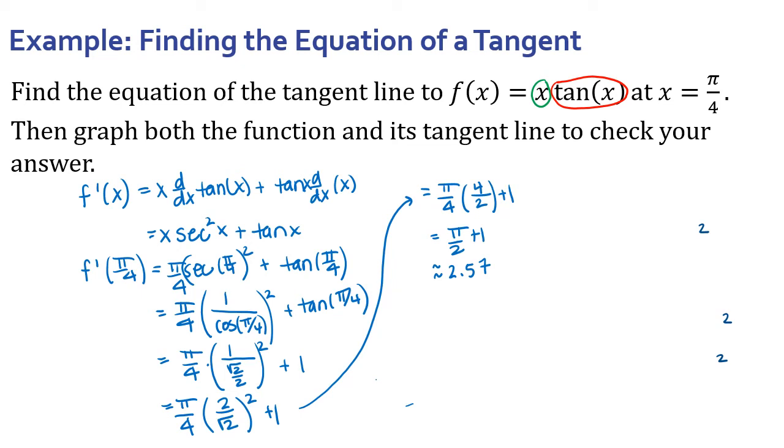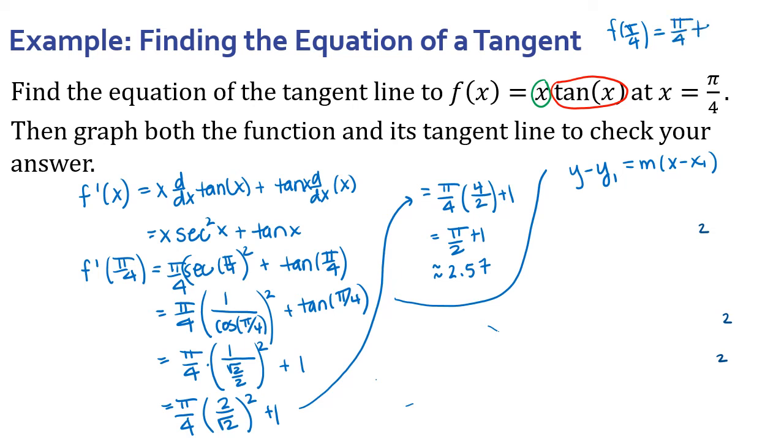So if I was trying to find the equation of the tangent line, I would use the point-slope formula. So y minus y1 equals m times x minus x1. So when x is pi over 4, our y value, when I substitute that into the function, I get pi over 4 times the tangent of pi over 4, which is pi over 4 times 1, so it's pi over 4.